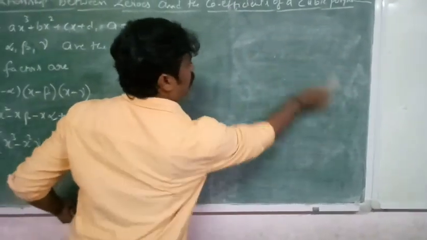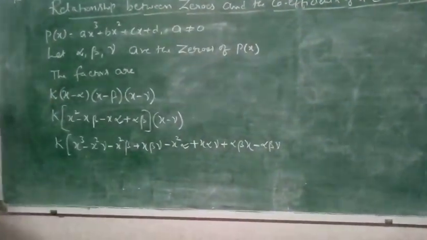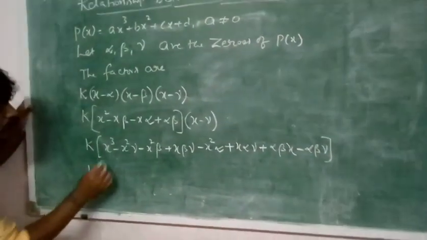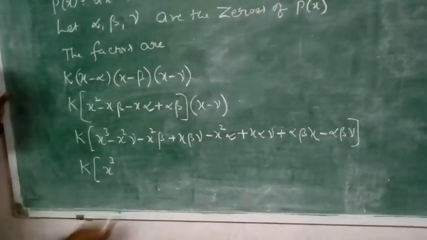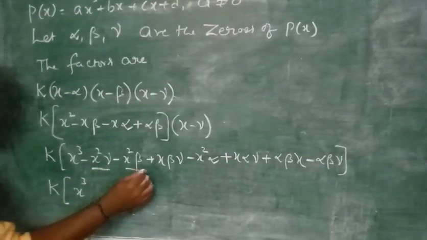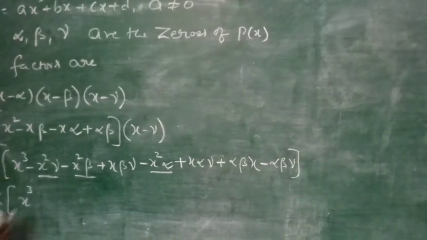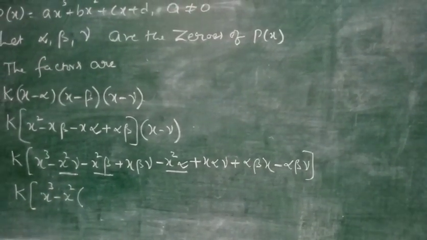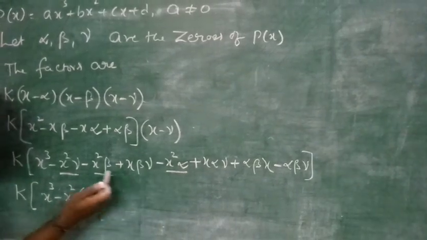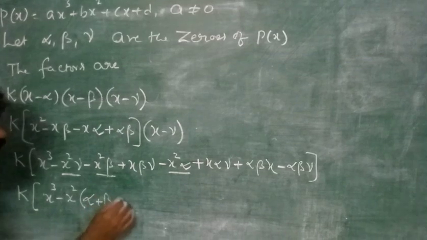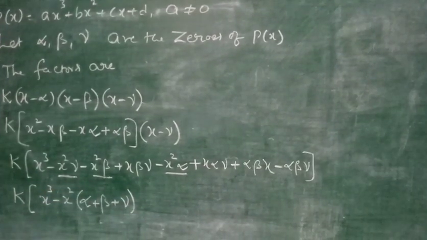Then if you simplify it, k into x cube, and also if you observe the x square terms, here it is x square, here it is x square, here it is x square. In these three terms, if you take x square as common, the remaining is alpha, beta, gamma. So we can write it as minus alpha plus beta plus gamma.